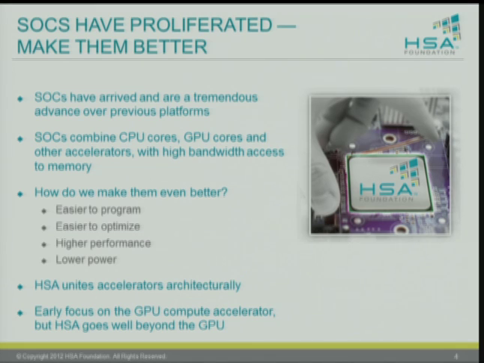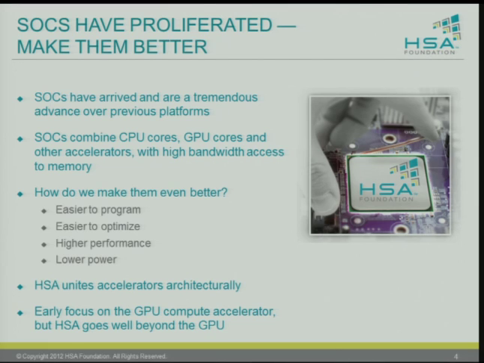So what HSA does is it takes the different processors and accelerators and combines them architecturally. SoCs originally were an aggregation on silicon. With HSA, we do an architectural integration across all of the processors. The early focus of our work at the HSA Foundation has been on the GPU compute accelerator. It was obvious low-hanging fruit.